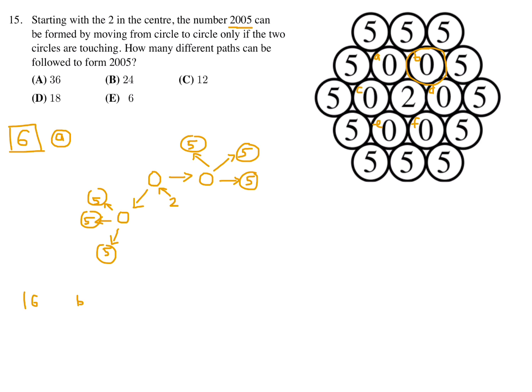It'll be pretty much exactly the same. And guess what? Same holds true for C, and for D and E and F. Each of them also give 6 paths. So since there's 6 of them, and each of them gives 6 paths, the total number of paths is 36. So number 15, the answer is A.